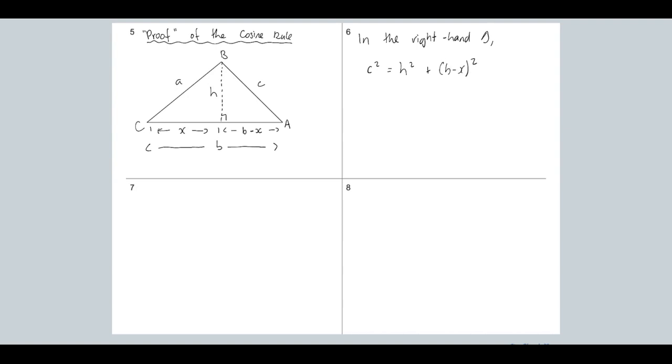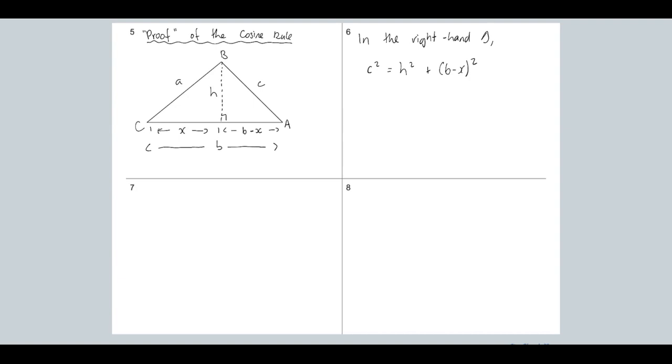So I've got h squared plus (b minus x) squared. Now, we don't know what h is, and we don't know what x is, so we need to figure out what they are in terms of a, b, c.